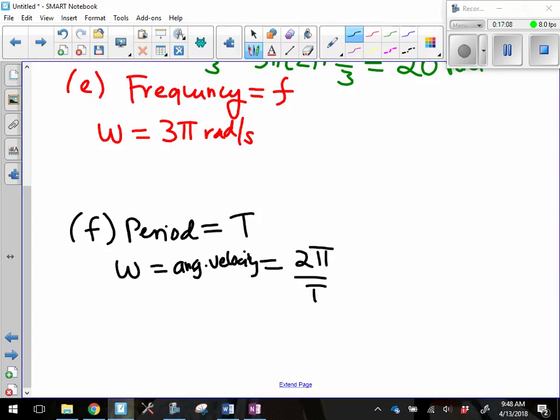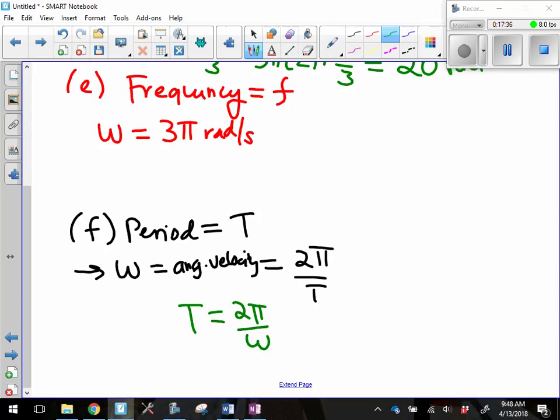I like this formula because I think it makes a lot of sense. It's a good place to start. It's something you can figure out. It's something you can think about. So this tells you then that T is equal to what in terms of omega? Two pi over omega, right?